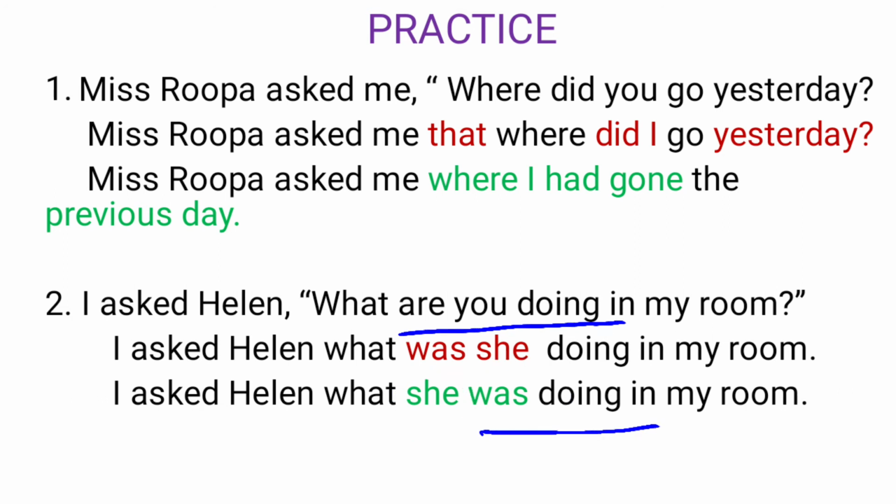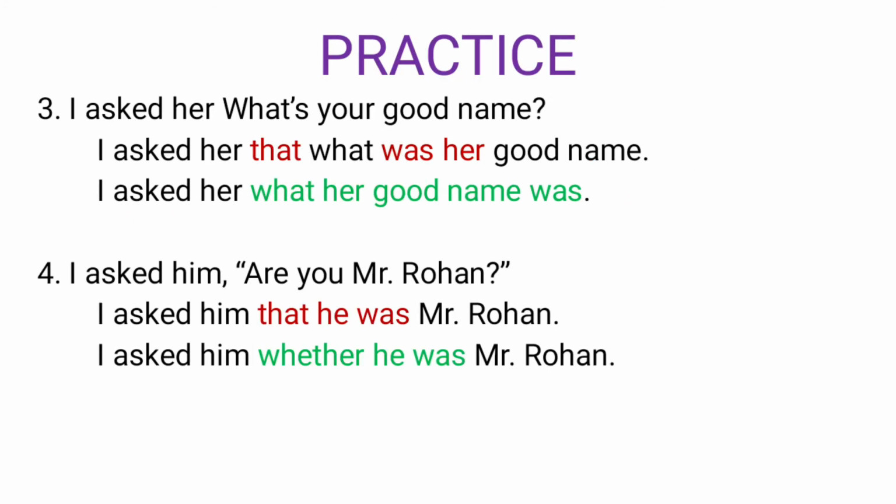So, what she was doing in my room. We are not going to report it like I asked Helen that what she doing in my room. It would be wrong. If you write this way in your examination, your answer would be marked wrong. So be careful about your sentence structure and avoid using the conjunction that.